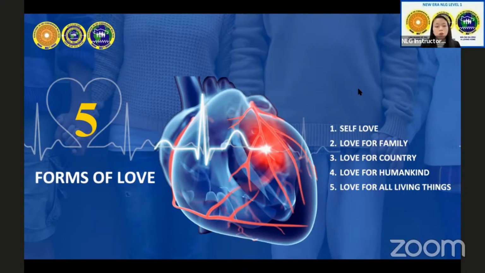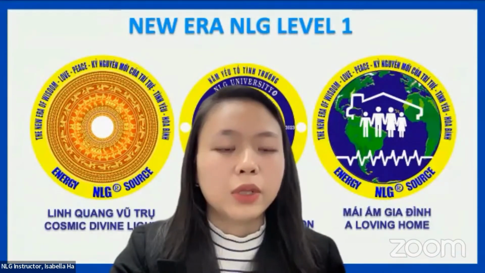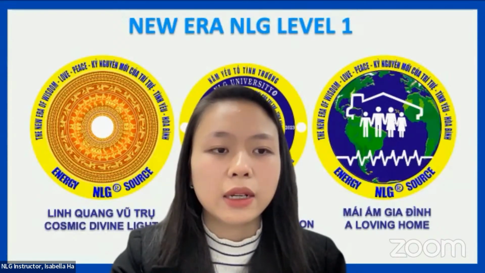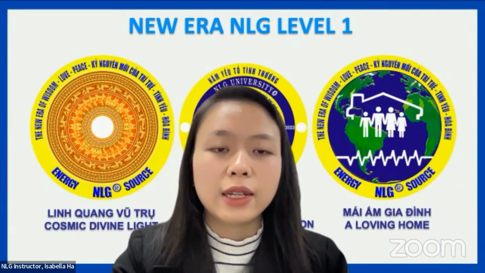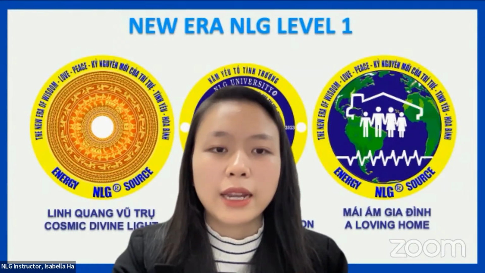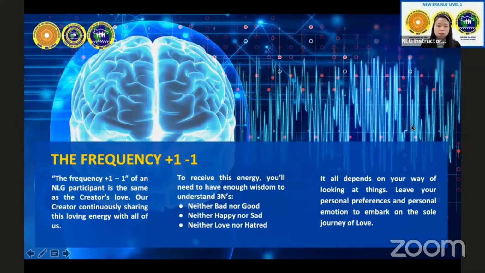Because the cells in your body, remember that when we're not in the frequency of love and morality, in other words, we're not in the +1 -1 frequency, then we don't get to connect properly. And when we don't connect properly, what happens is the cells in your body cannot receive this energy very well.